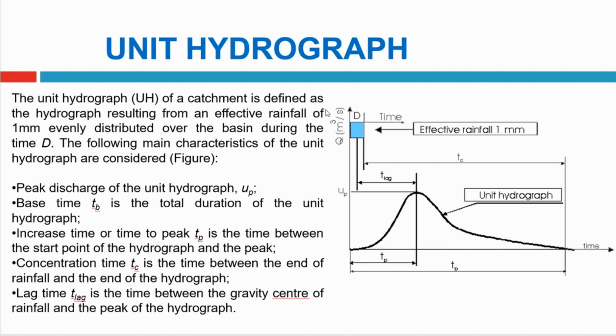So you try to imagine what lag period is. The time from the maximum rainfall to the time where you can see the maximum discharge in the river is called time lag. Even though there is a huge rainfall happening at this period, immediately you will not see the maximum discharge in your stream. It will take a time. This time is called lag time.